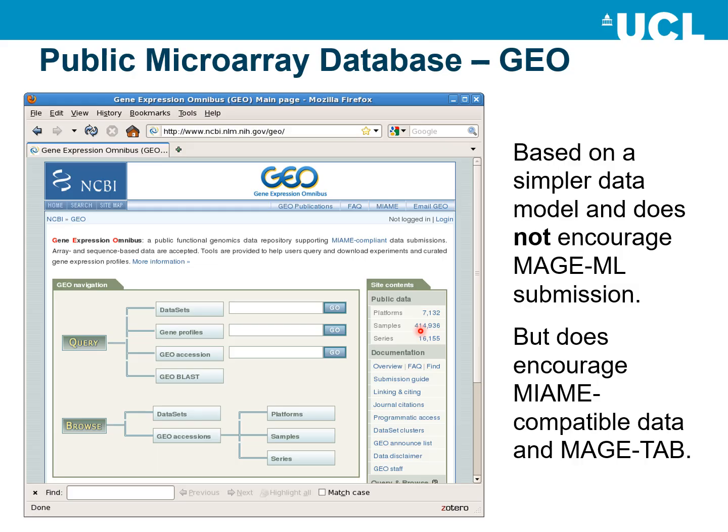So again, it's an example of making it all simpler potentially makes it better, and that over-engineering is possibly not so good. Eventually, GEO and ArrayExpress started to communicate with data, and they actually share data, but the ArrayExpress data is better annotated, and the GEO data has less annotations, but there's more of it. So it's really a balance between the two databases.